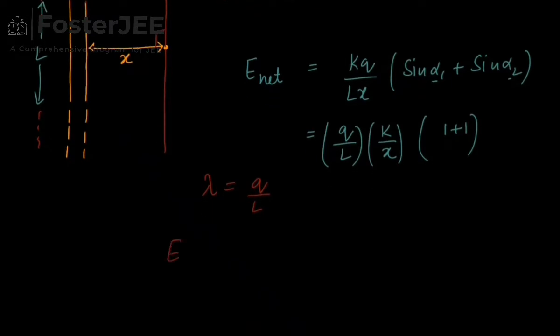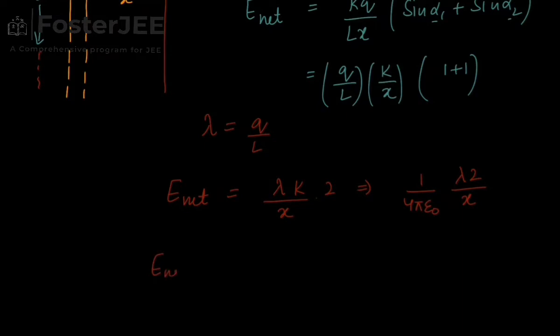So in that case, our net electric field becomes lambda k upon x into 2, or else we can write 1 upon 4 pi epsilon naught into lambda 2 upon x. So net electric field will become lambda upon 2 pi epsilon naught x, which is again a very important result.